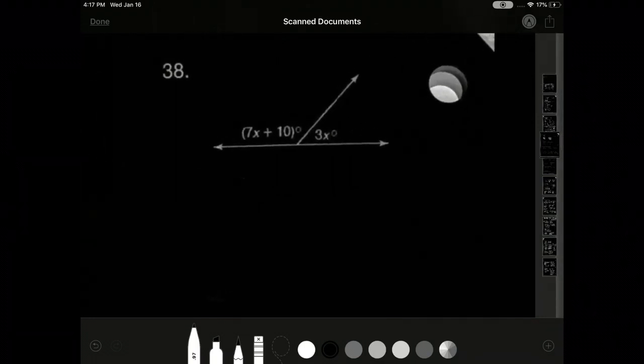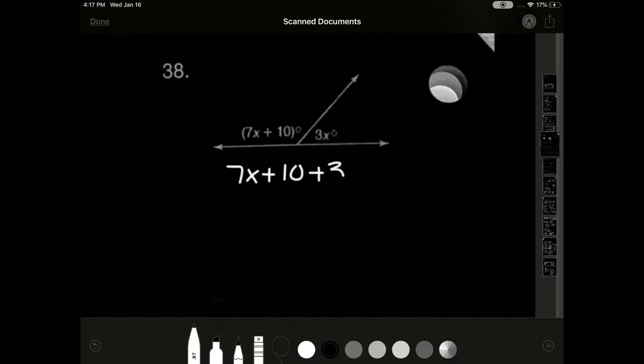In 38, these two angles form a linear pair, which means that 7x plus 10 plus the other 3x is going to equal 180. These guys are supplementary. So 7x plus 3x is 10x.